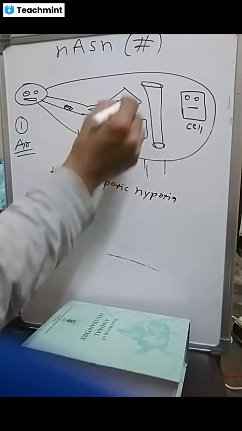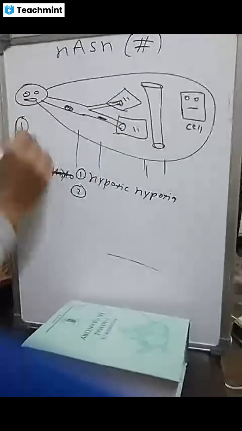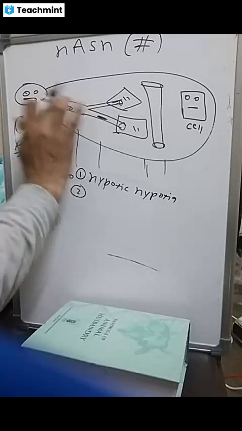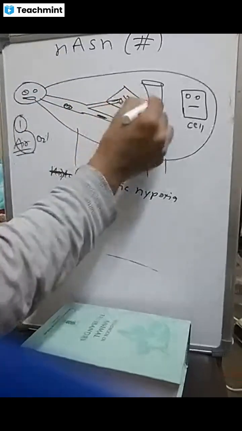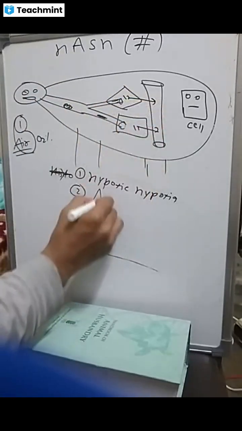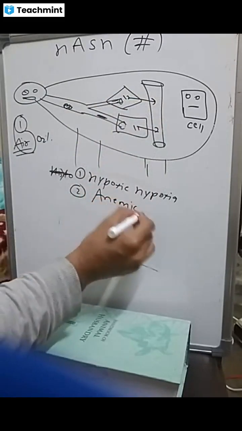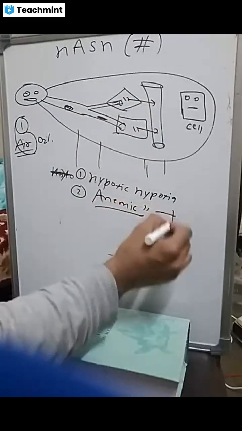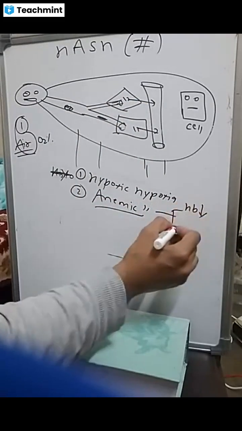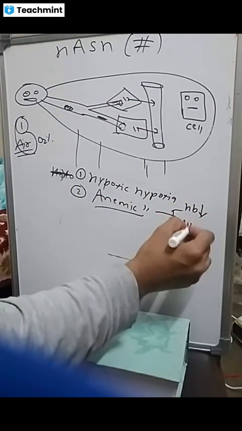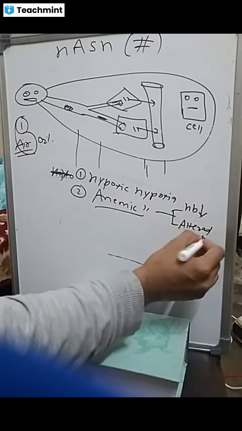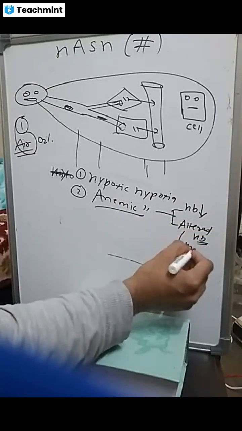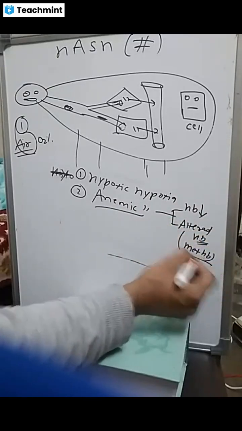Number two was, air is having full oxygen, these airways are okay, diffusion is good, but it is having anemic hypoxia, that is having less hemoglobin or altered hemoglobin, like methemoglobin in nitrate poisoning in ruminants.